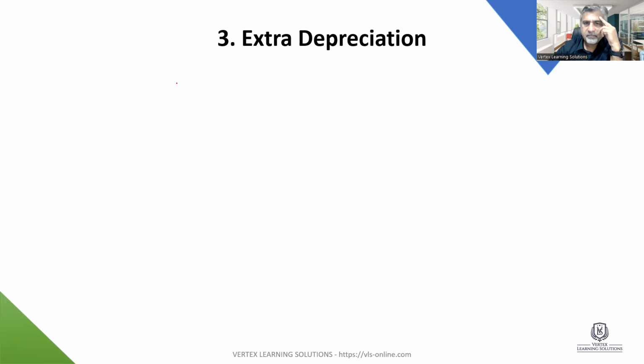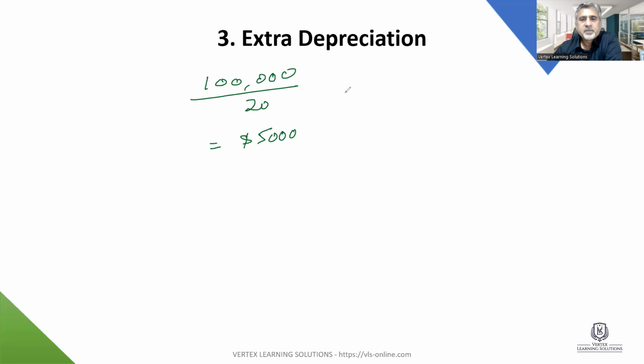You know, what was happening before? My asset was 100,000. It had a life of 20 years. And I was charging a depreciation of 5,000 in my income statement. Now my asset has become $120,000 in value.